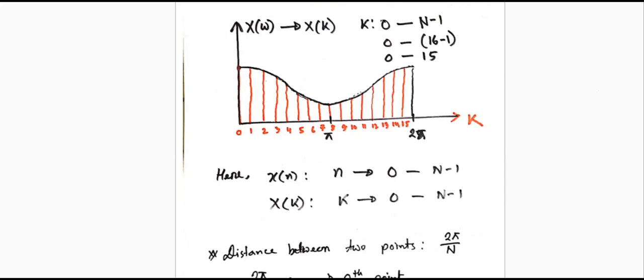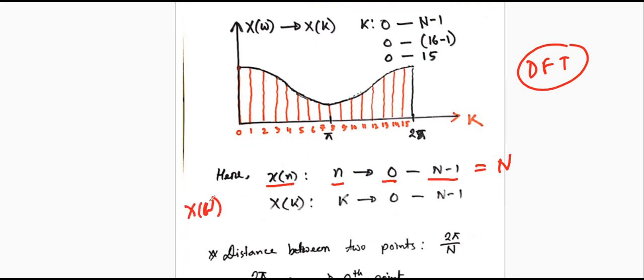Okay. So for this kind of process or algorithm, I'm talking about the discrete Fourier transform, x(n) should have capital N number of samples, altogether capital N samples from 0 to N minus 1. Similarly, in the frequency domain, previously it was X(omega). Now this is X(k).